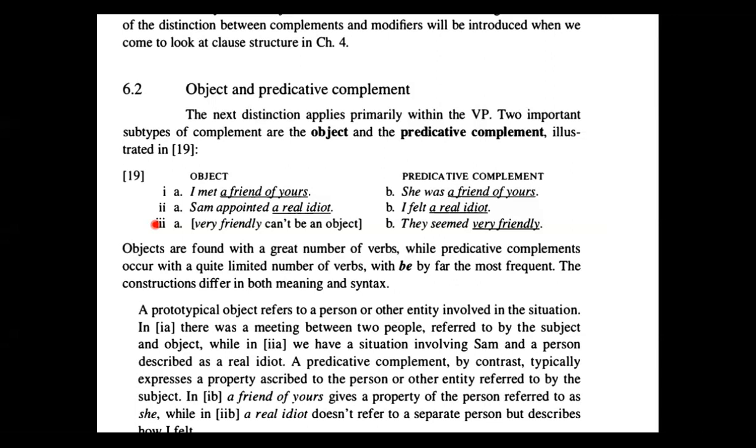They are modifiers. They seemed very friendly. Here we cannot consider very friendly an object, because the two modify each other after the verb seem, so they cannot be an object in any sentence.